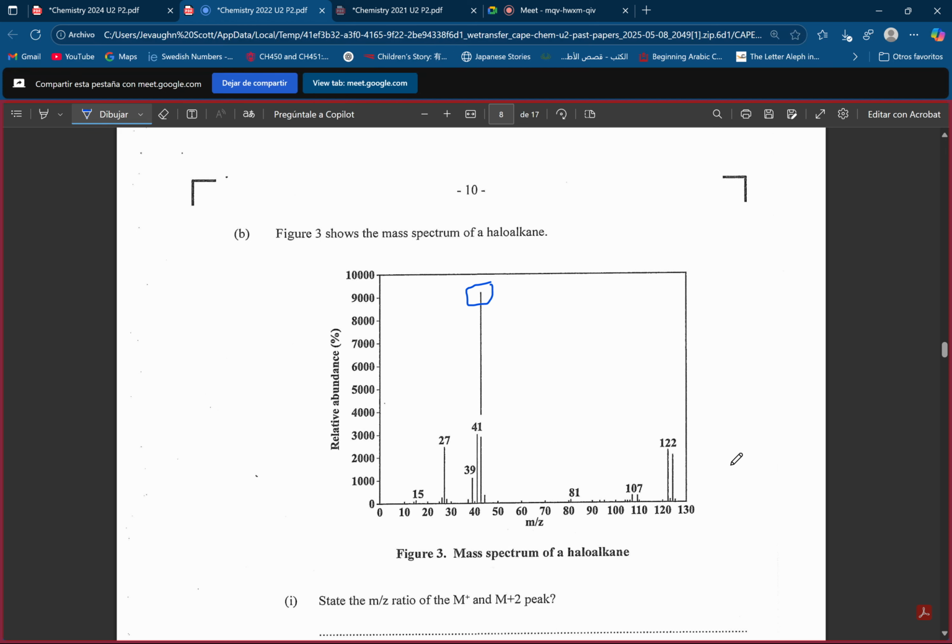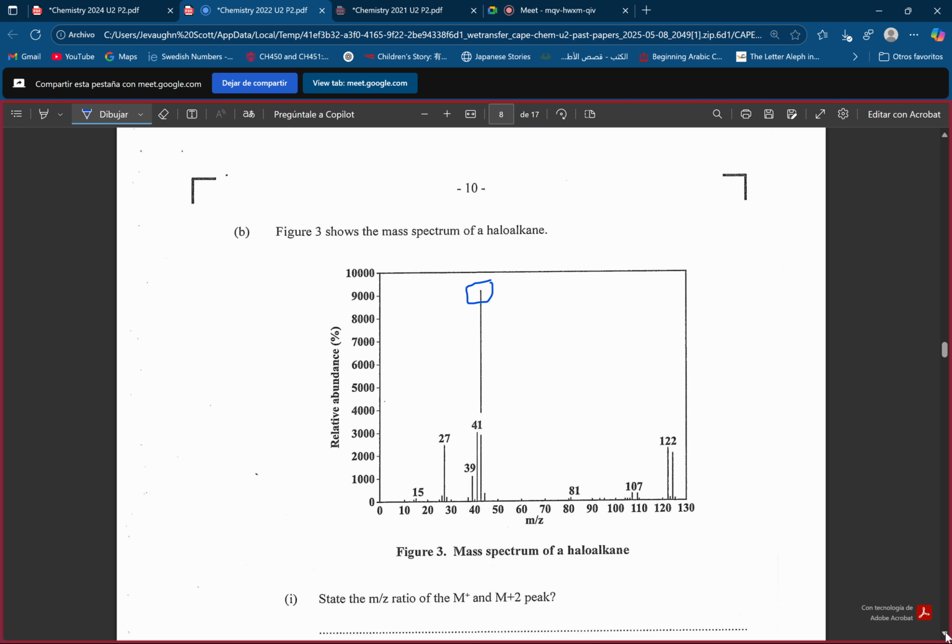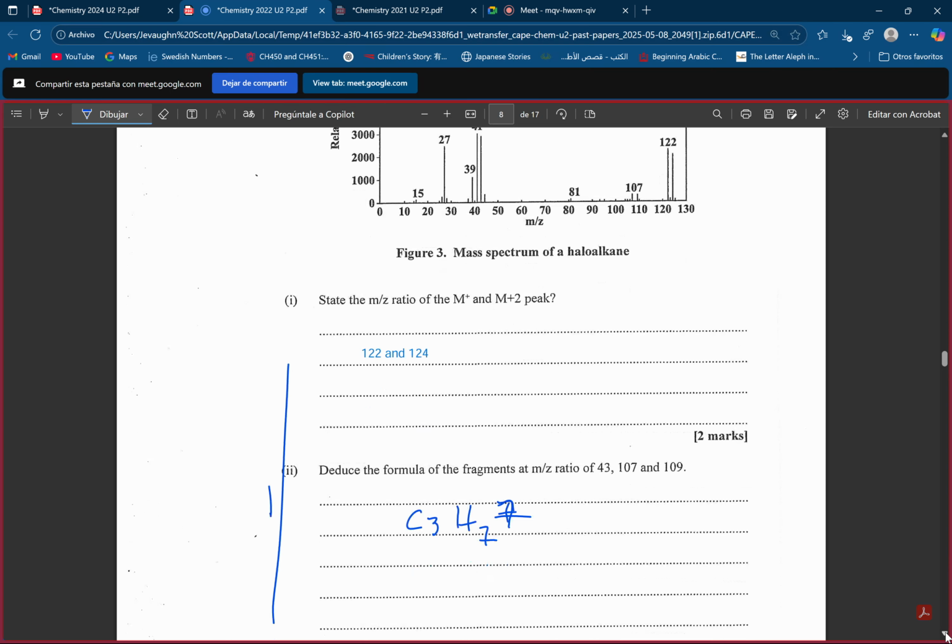Now we're called to ask which bromine is present here exactly. Bromine 79. So if we're using bromine 79, what would be the structure of our component that has 107 as our mass charge ratio?